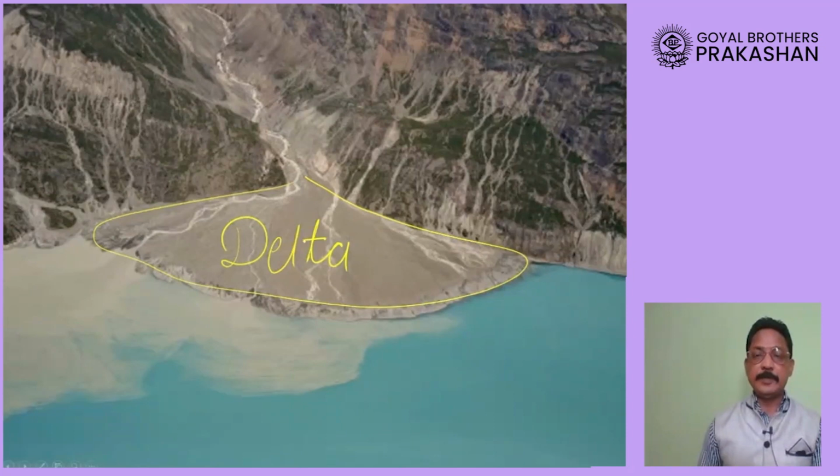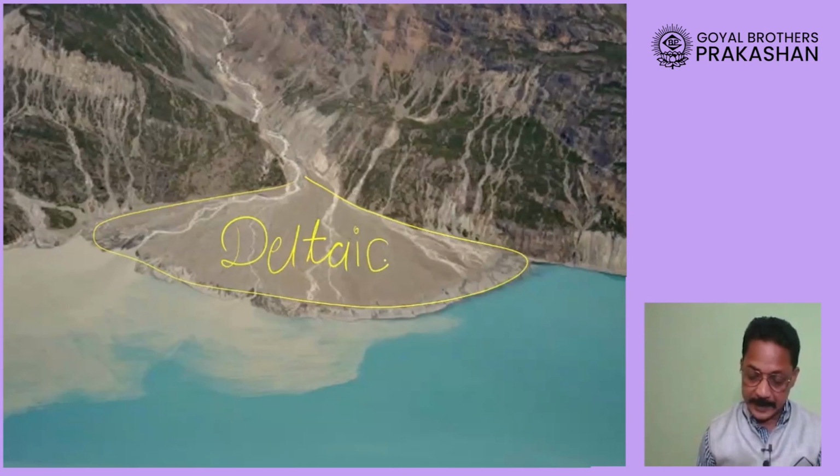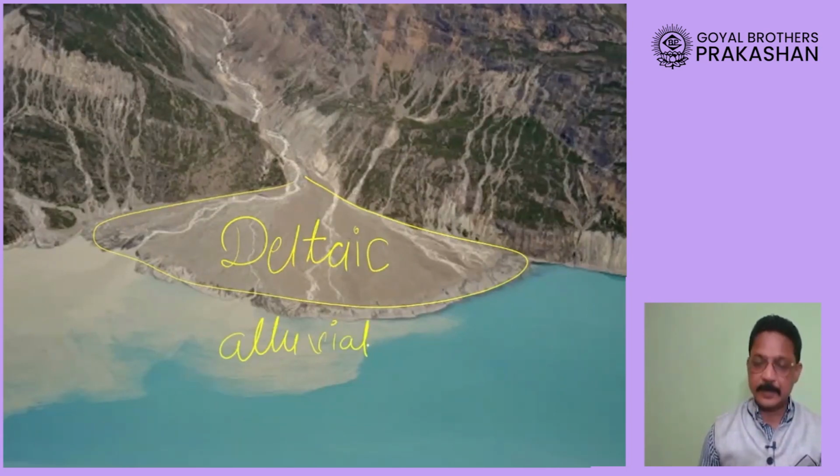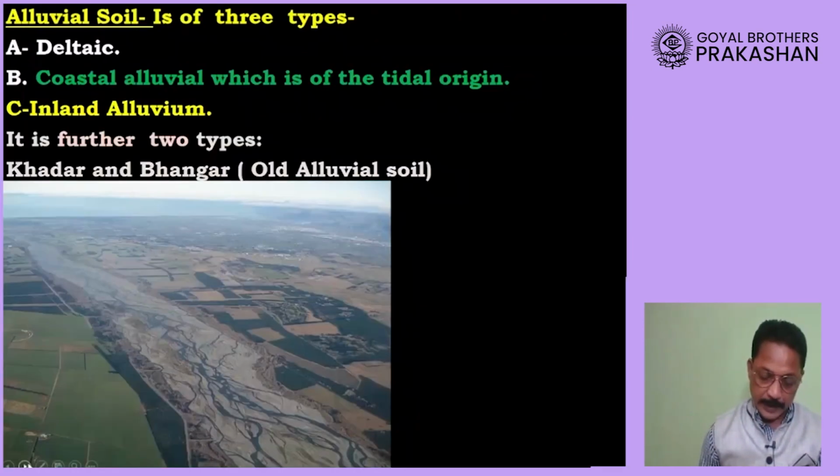So the soil which is now deposited at the mouth of the river will also be an alluvial soil, and this soil will be called deltaic alluvial soil. So in this way, we find that alluvial soil is basically of 3 types.